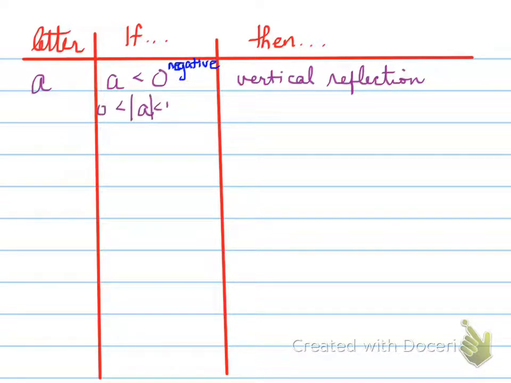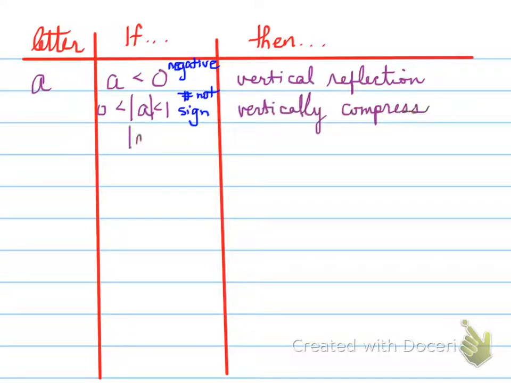If the absolute value of A, meaning the number, not the sign, is between 0 and 1, we would say that it vertically compresses. So there's a compression vertically by a factor of A. Not the sign, just the number. If the absolute value of A is greater than 1, we would write vertically stretches by a factor of whatever the value is that's greater than 1.